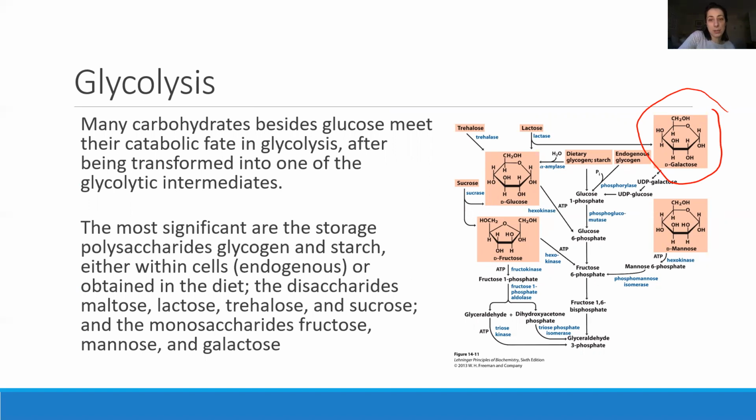And galactose can be broken down and then altered to form this glucose 1-phosphate, which is part of the main pathway of glycolysis. You can see that fructose, which is part of sucrose, can be transformed into this fructose 6-phosphate, which is again part of the main pathway of glycolysis.